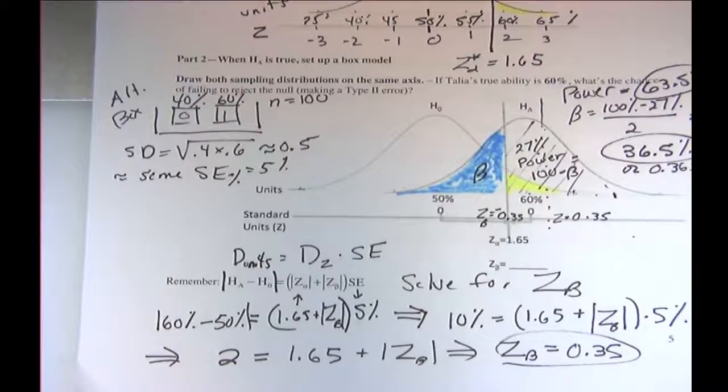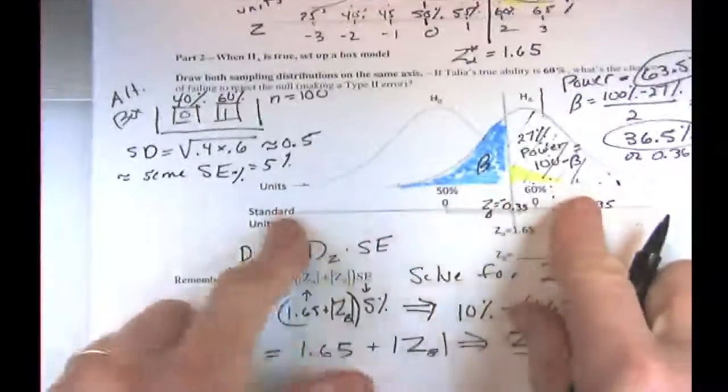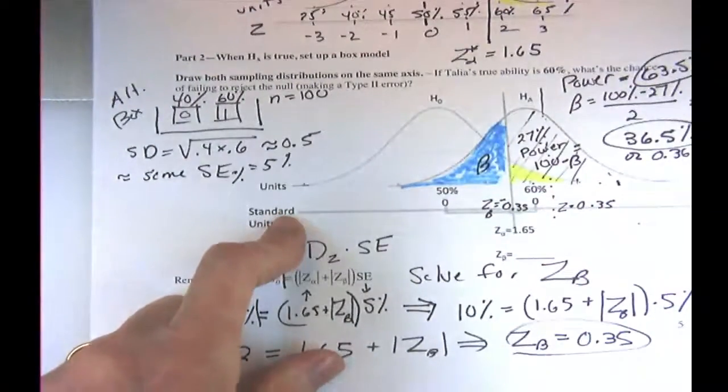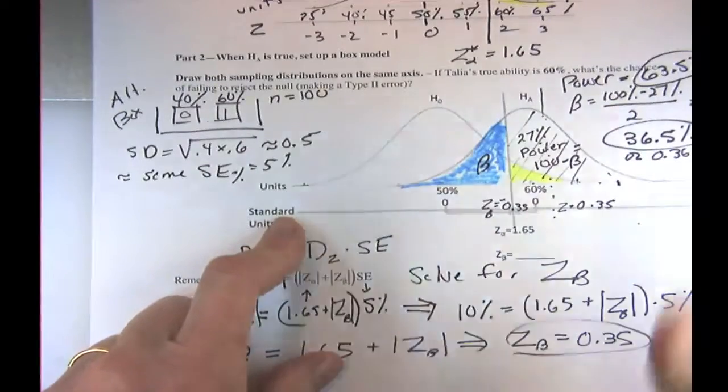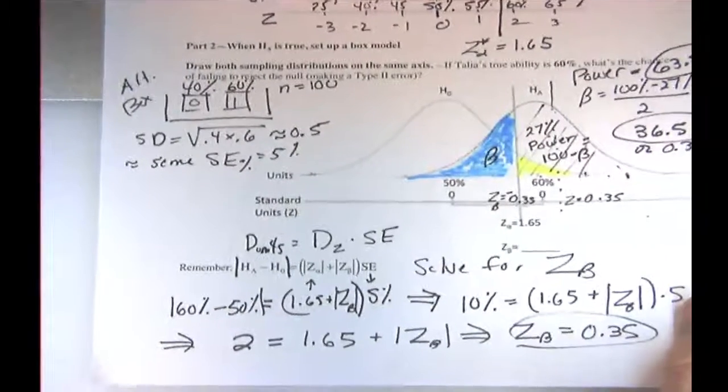We can get more precision by increasing n. If we make these standard errors smaller, we can do that by getting a bigger sample size, giving her more questions. All right, so let's summarize that on the next page.